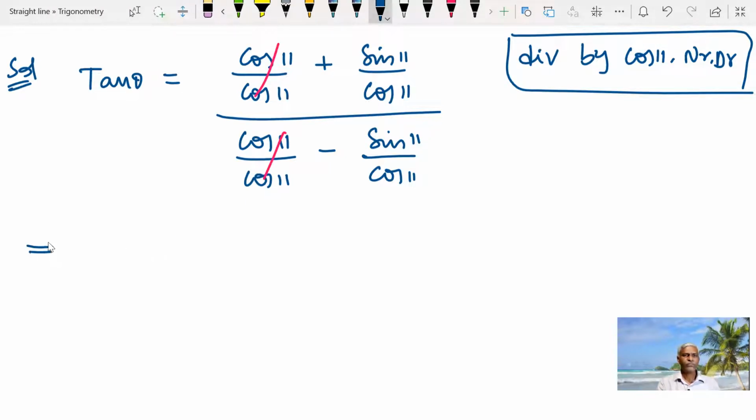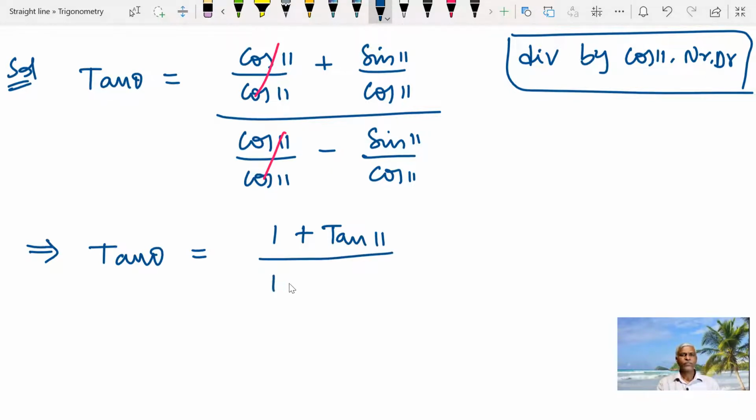So now tan theta is equal to 1 plus sin by cos, which is tan. Numerator becomes 1 plus tan 11 by 1 minus tan 11.